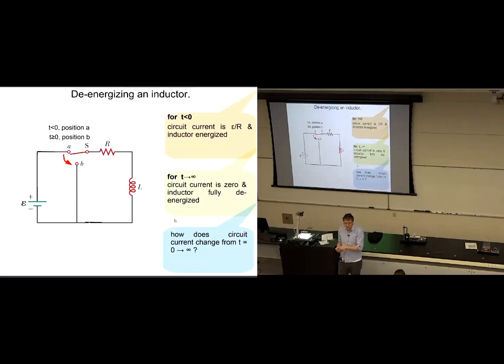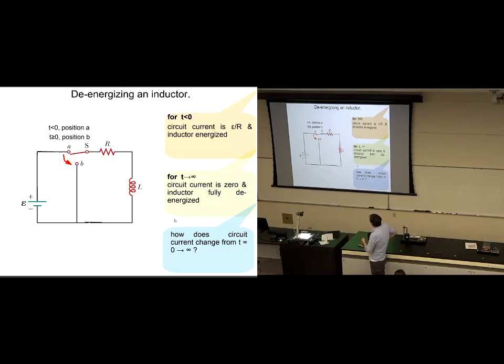The next two slides are the same pair of slides, but not energizing an inductor when you switch the circuit on, but de-energizing an inductor by effectively switching the circuit off. So here's the circuit.